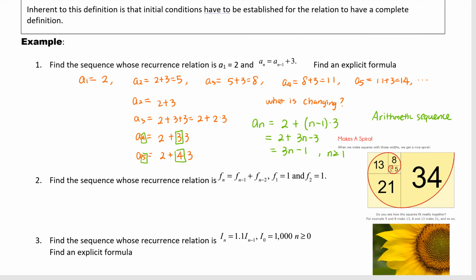Okay, so the first term is 1, the second term is 1, and then the sum of the previous two terms, 1 plus 1 gives us 2, and then 1 plus 2 is 3, 2 plus 3 is 5, 3 plus 5 is 8, 5 plus 8 is 13, 8 plus 13 is 21, 13 plus 21 is 34. And actually this is the famous Fibonacci sequence.